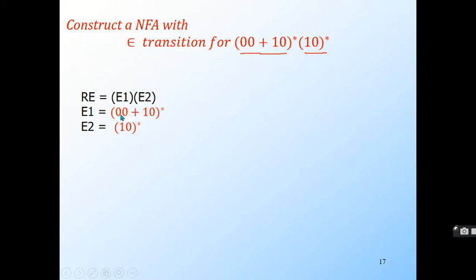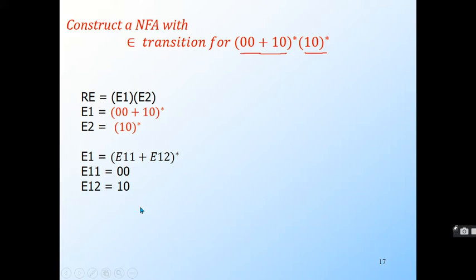One is 00 and another one is 10. So again we can split E1 as (E11 + E12)*, where E11 is the concatenation of two zeros and E12 is the concatenation of 1 0.